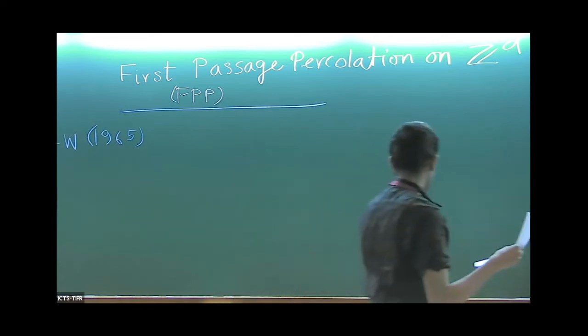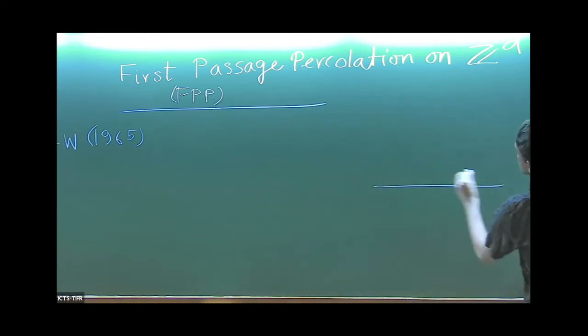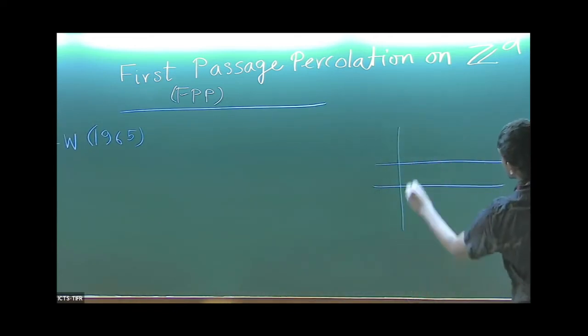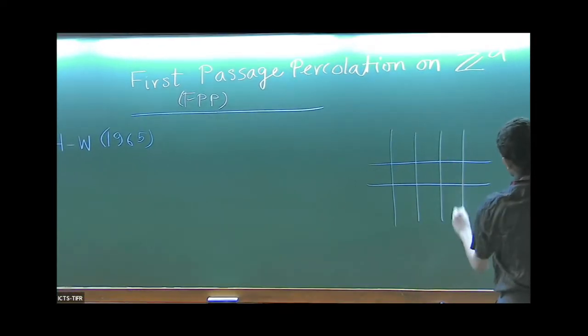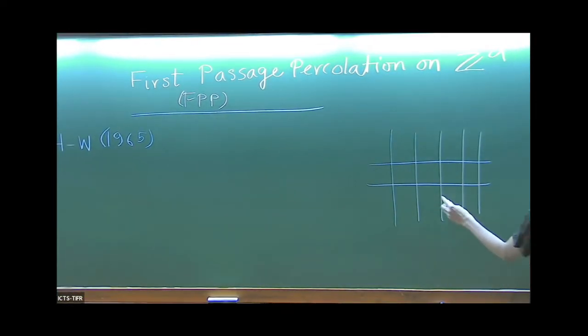So let me draw a picture first. I have the lattice, and on the edges of the lattice, I put some random weights. So these are random numbers. This is, let's say, 0.